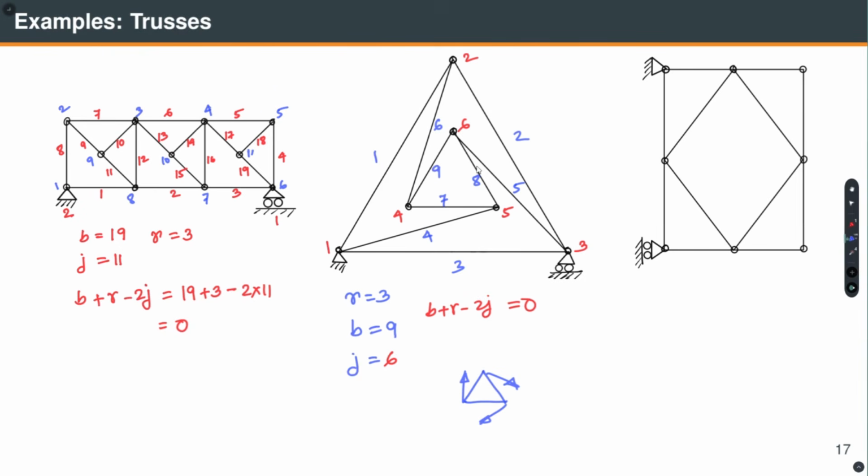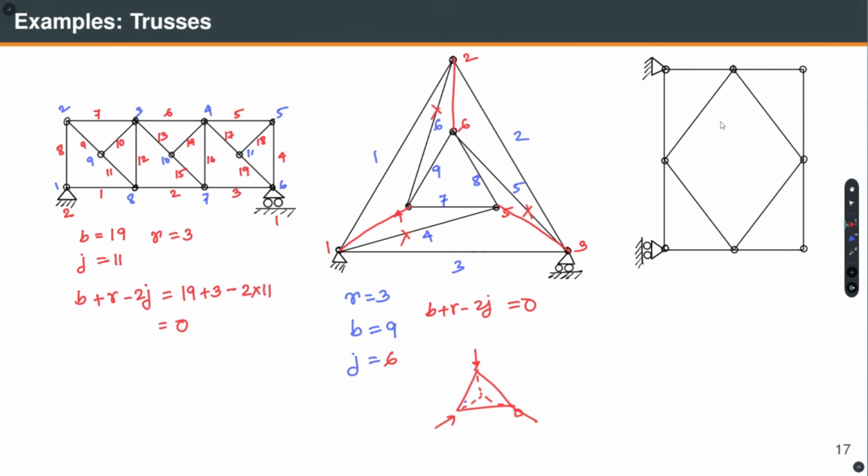For example, if I remove these members and instead connect them like so, the truss will become unstable, because if I draw the inner triangle, these forces are all concurrent. If you apply some load, the inner triangle can rotate. In that case, it would be unstable, but this one is perfectly stable, no problem, and statically determinate.